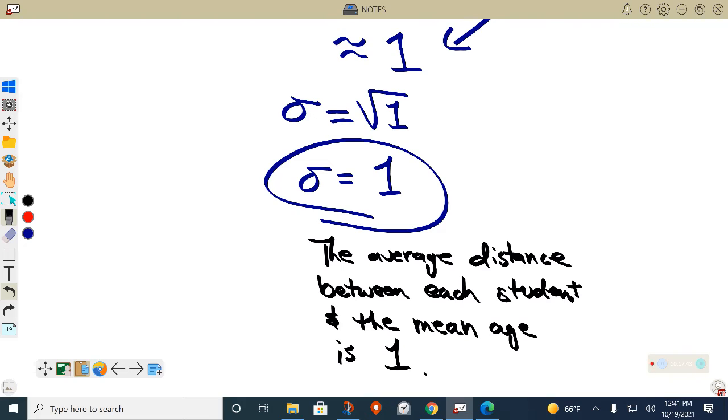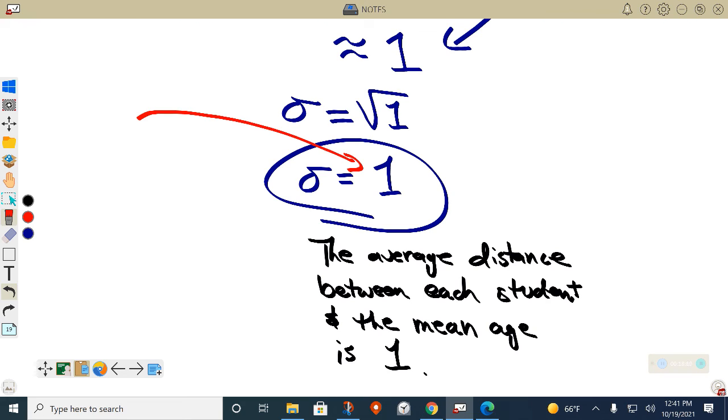The bigger the standard deviation, the bigger this number, that tells a scientist the data is more spread out. The smaller that number, the data is more compact. And it is. Look at 1. That's a small number. That means you guys are kind of closely packed together in terms of age. Youngest is 15, oldest is 18. You guys are pretty close together.